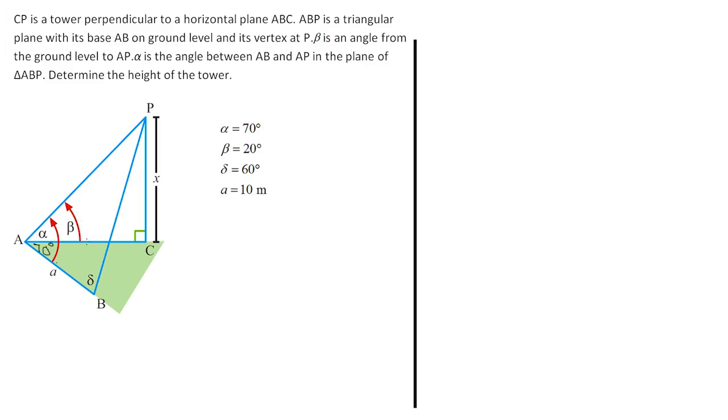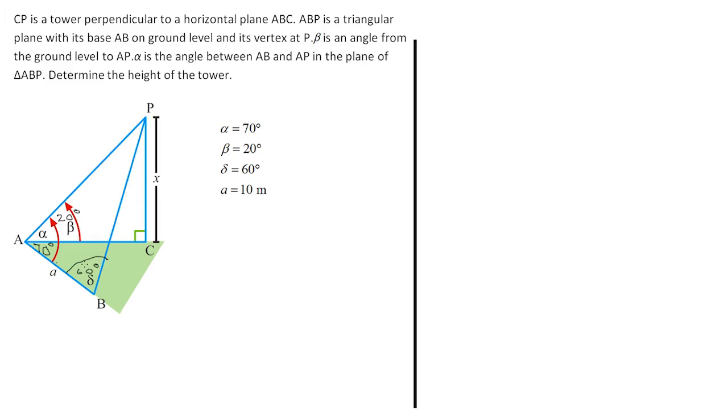Beta, that part is 20 degrees, so I will put in there the 20 degrees. And obviously delta here is 60 degrees, so I will just highlight it and then indicate there 60 degrees. Now it makes more sense.